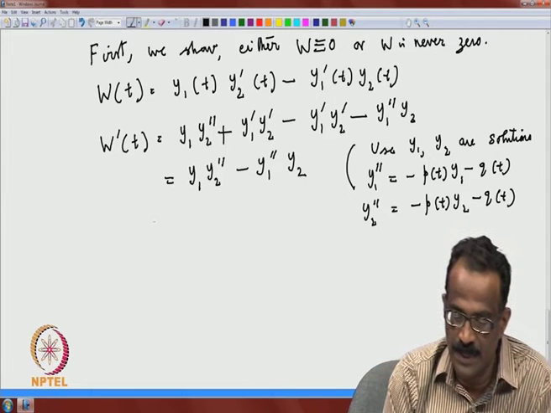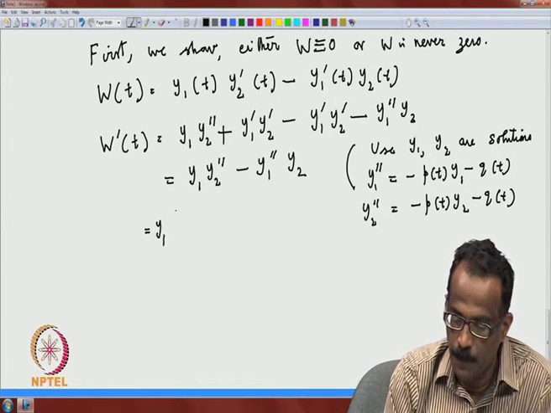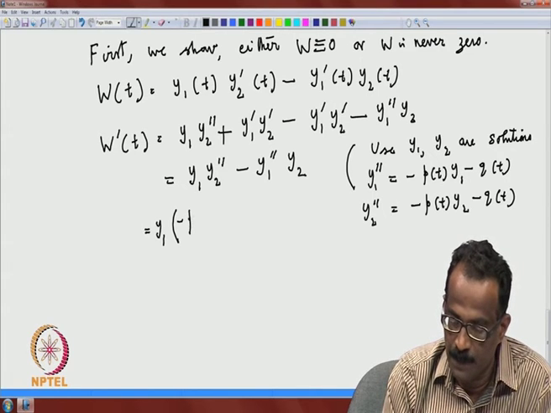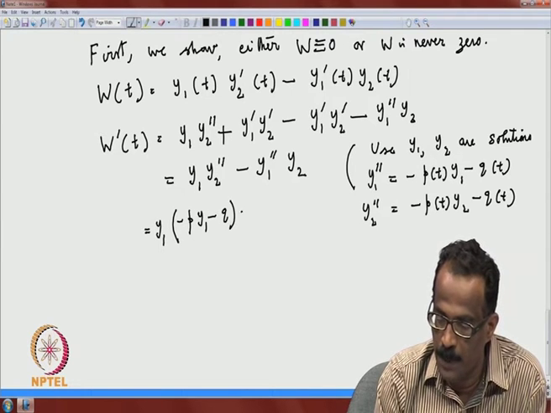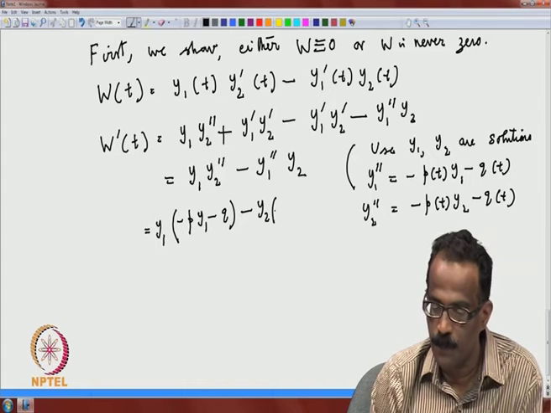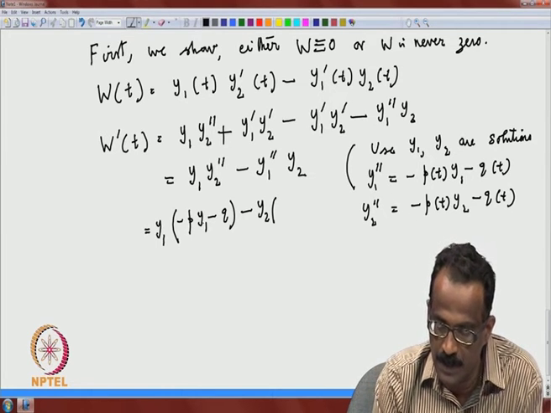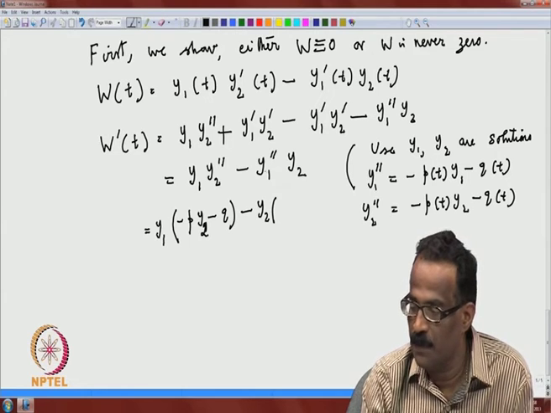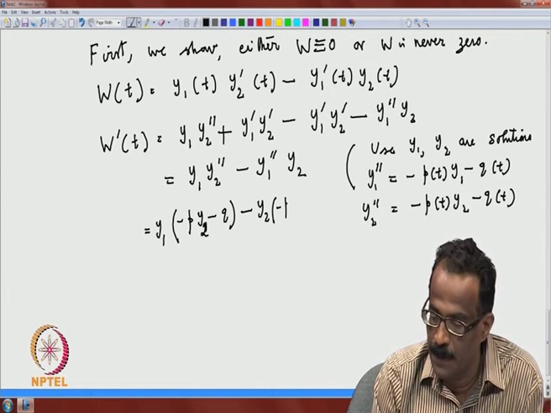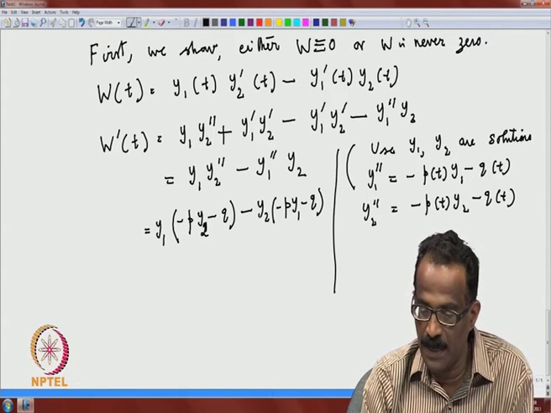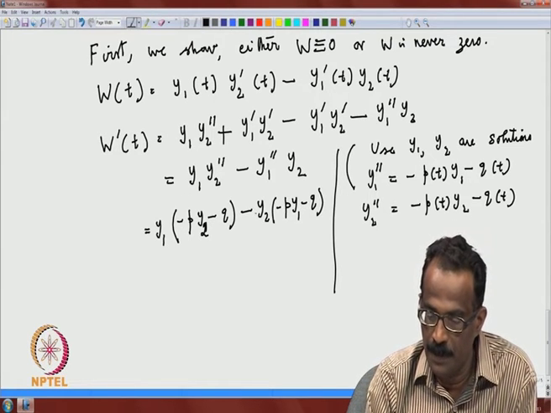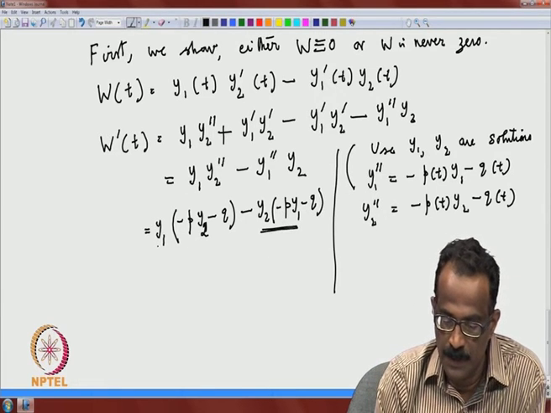So, if you substitute this here, you get y1 times minus p y2 prime minus q y2, minus y2 times minus p y1 prime minus q y1.